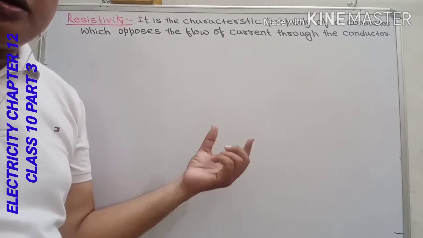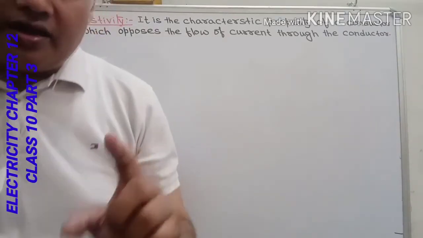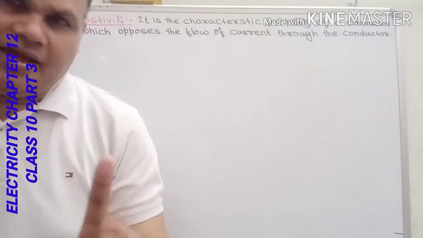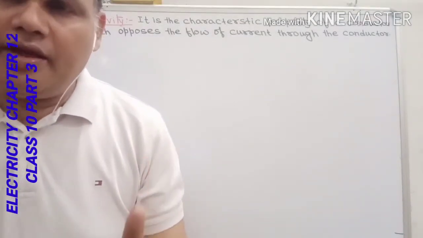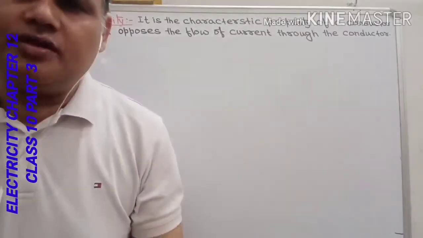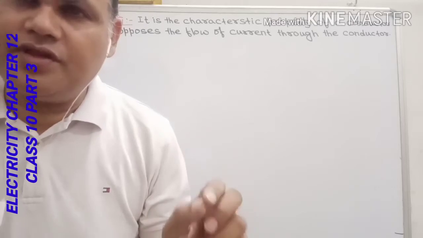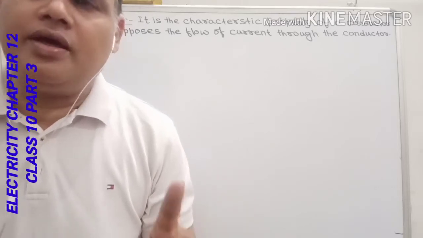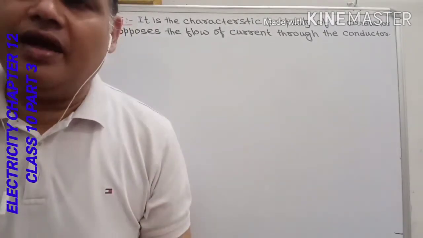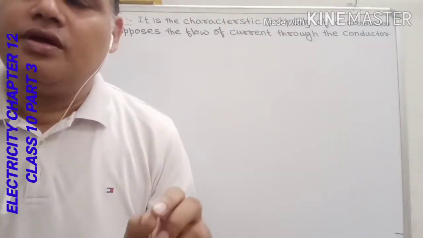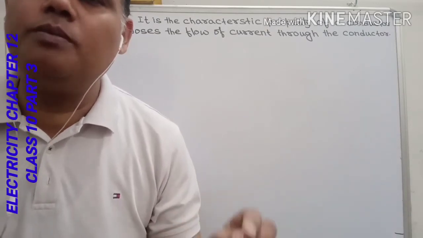If we want to define it, how can we understand this property? Suppose we take a conductor of unit length and unit cross-sectional area, and 1 ampere current is flowing through this conductor, and this conductor offers a resistance of 1 ohm. Then we will say that this is the resistivity of the conductor, and its SI unit is ohm meter.